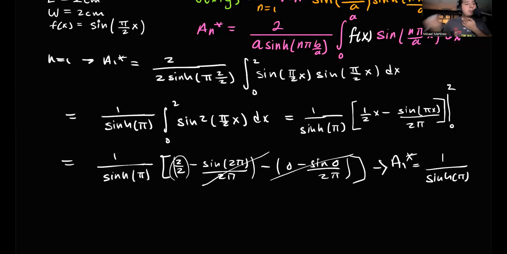Of course, we can continue adding more terms. If we do, you might find out the next ones could be 0. You can try that yourself. See if a2 is 0 or what value we get. Once again, these ones are just approximations, so we don't have to go into depth. But if you put n is 2, we get in the bottom, once again, 1 over hyperbolic sine of 2 pi times the integral of sine of pi over 2 times sine of 2 pi.